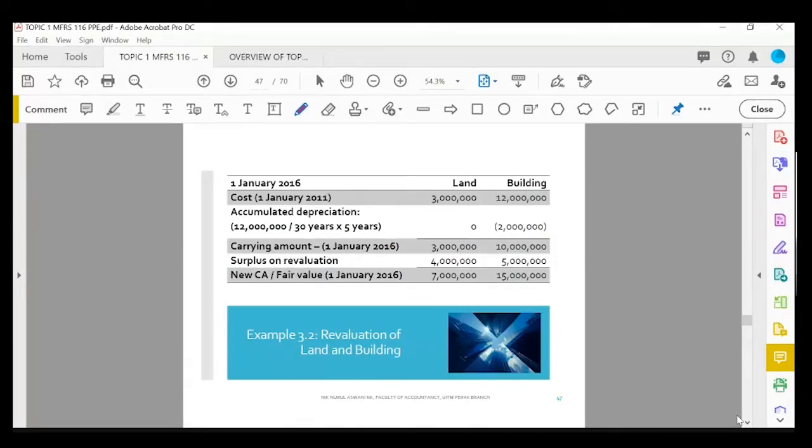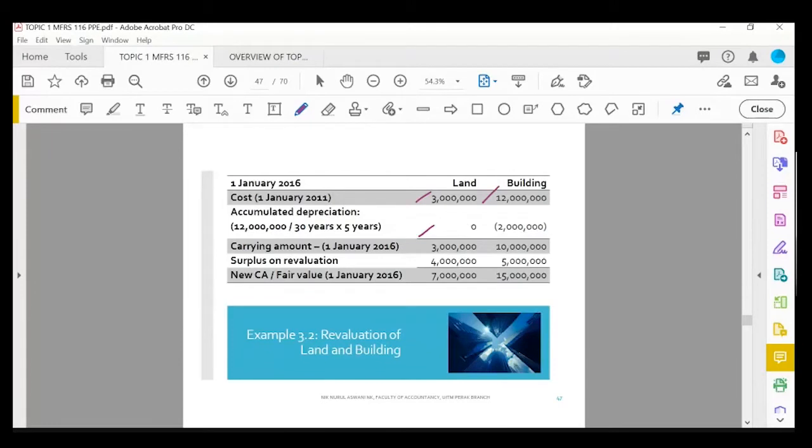So cost 3 million for land, 12 million for building. For the accumulated depreciation, land is a non-depreciable asset. So no problem, regardless of which year, as long as it is before the revaluation took place, the cost would be the same.